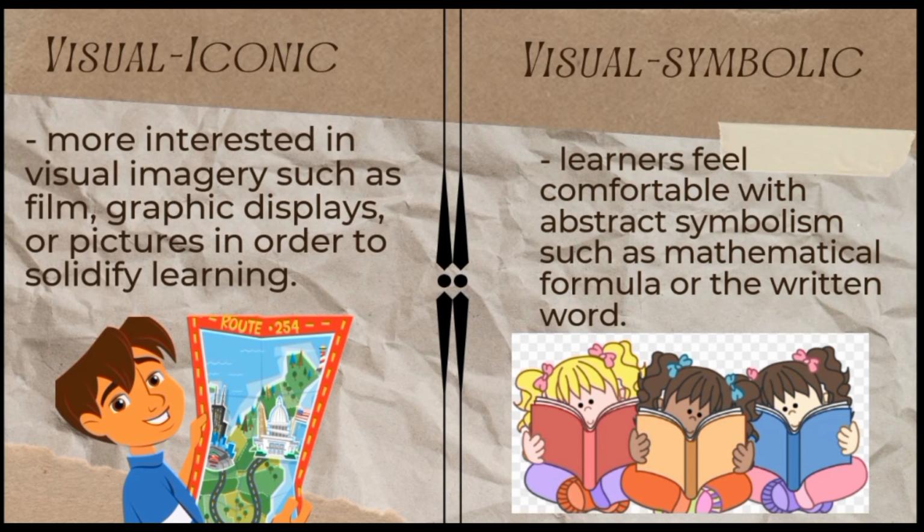And for the visual symbolic, learners feel comfortable with abstract symbolism such as mathematical formula or the written word. They would prefer to read a book than a map and would like to read about things than hear about them. They tend to be good abstract thinkers.